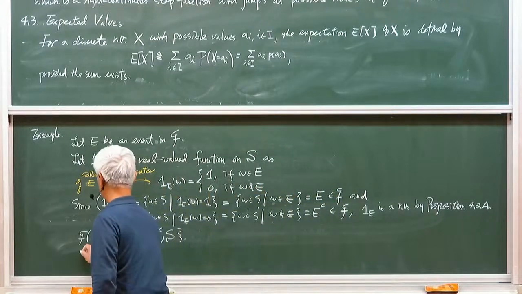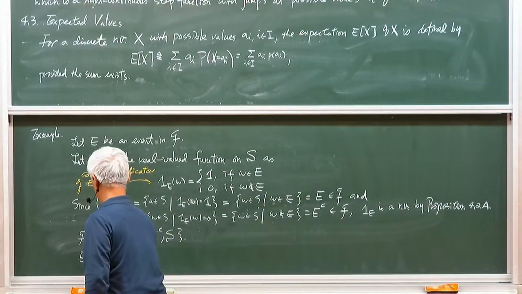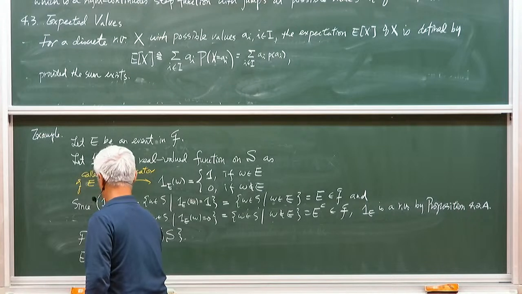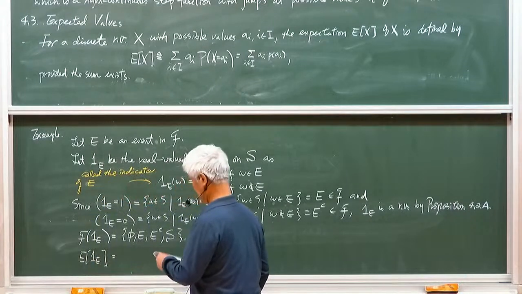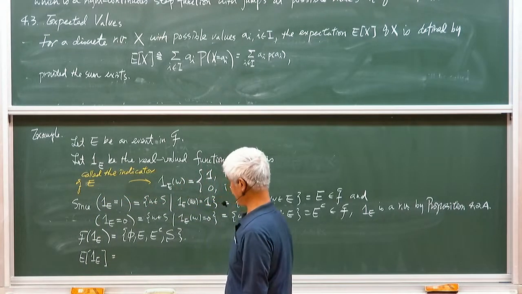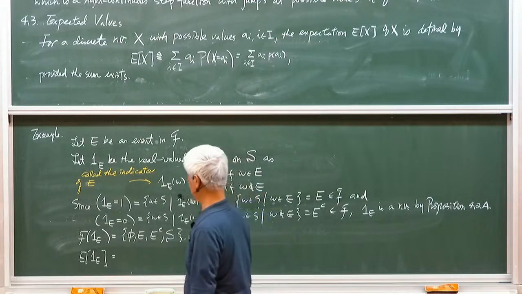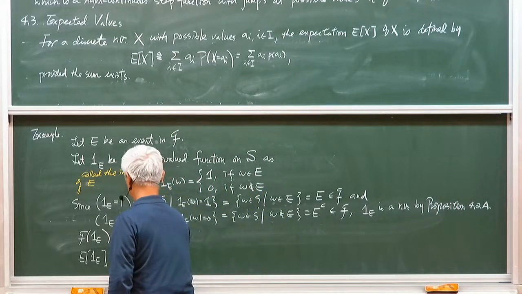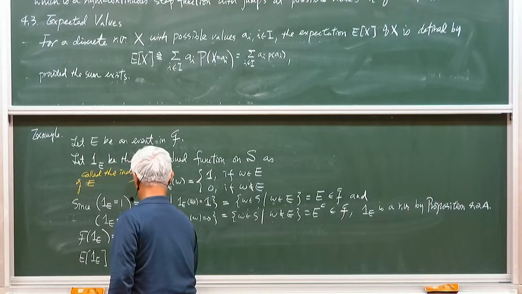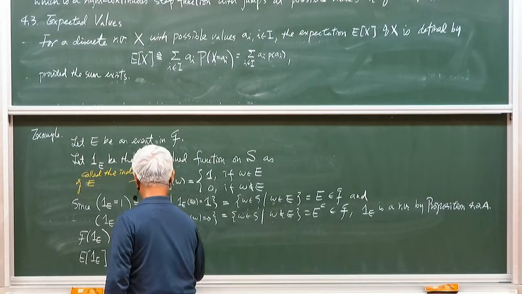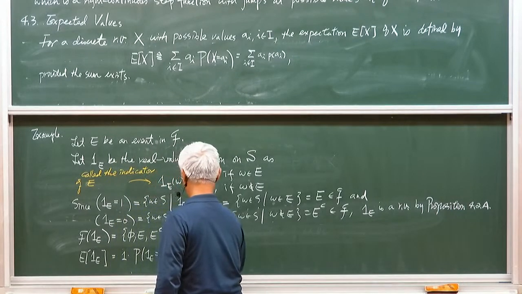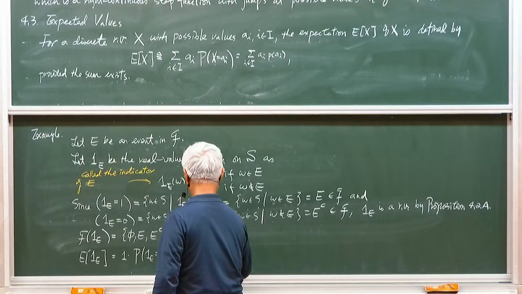And the expectation of the indicator is equal to 1 times the probability of indicator equal to 1, plus 0 times the probability of indicator equal to 0.